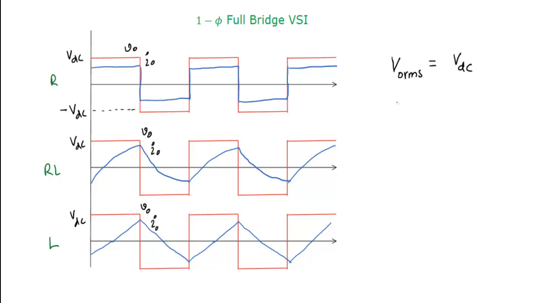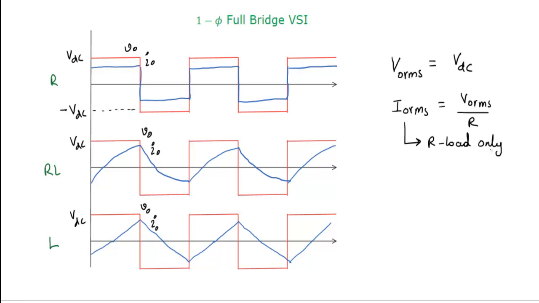Then as I told you, I0 RMS value will be equal to V0 RMS by R. This is only applicable for R load. After this we will discuss the other loads, but wait for some more time.